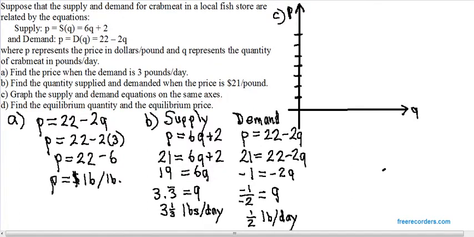Now, to be able to go all the way up to a y-intercept of 22, I'm going to go in threes: 3, 6, 9, 12, 15, 18, 21. That would be 24 right there. So let's go ahead and graph the supply equation.